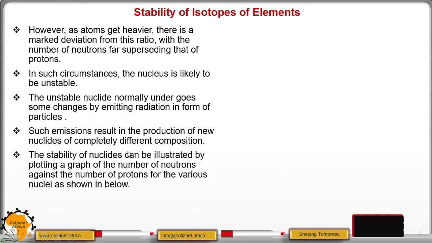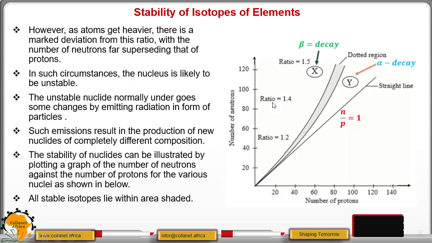The stability of nuclides can be illustrated by plotting a graph of number of neutrons against the number of protons for the various nuclei, as shown in our diagram here. On the x-axis we have the number of protons, on the y-axis we have the number of neutrons. So we are plotting number of neutrons against the number of protons.